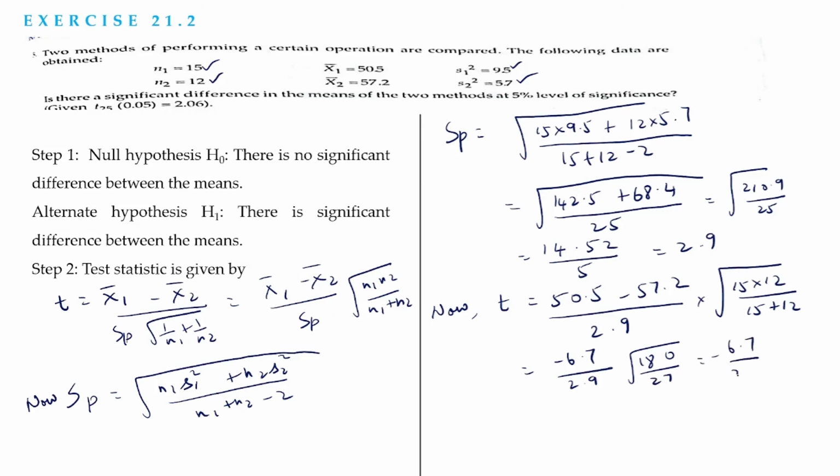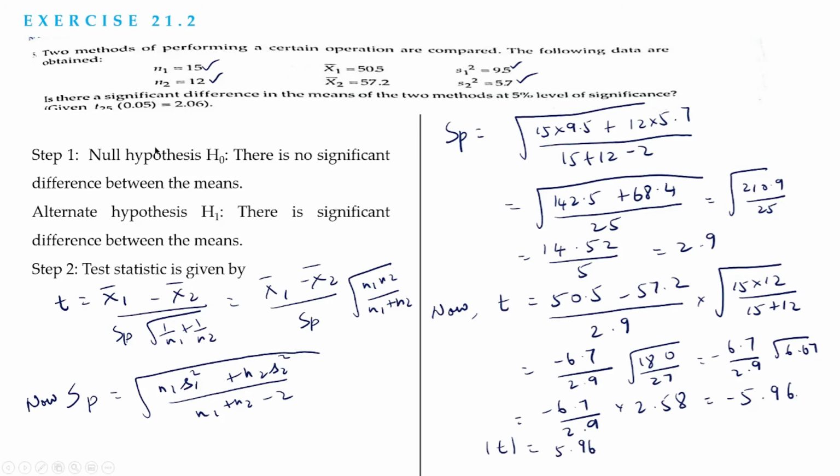So when we simplify we get 6.67. So it is equal to minus 6.7 upon 2.9 into 2.58. This when we simplify we get negative 5.96. So mod t will be 5.96.